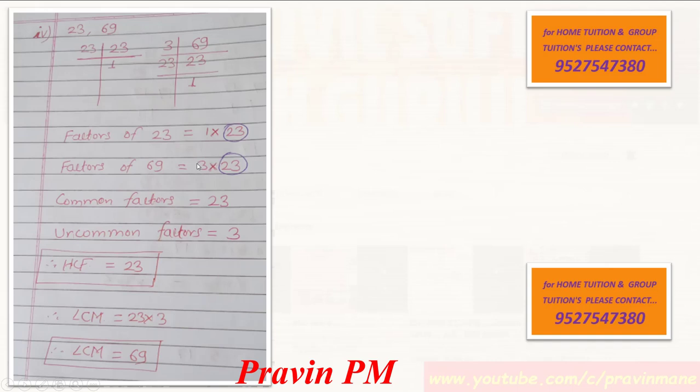Uncommon factor, only 3. So, HCF will be 23 and LCM will be the multiplication of common factor as well as uncommon factor. 23 into 3 is equal to 69.